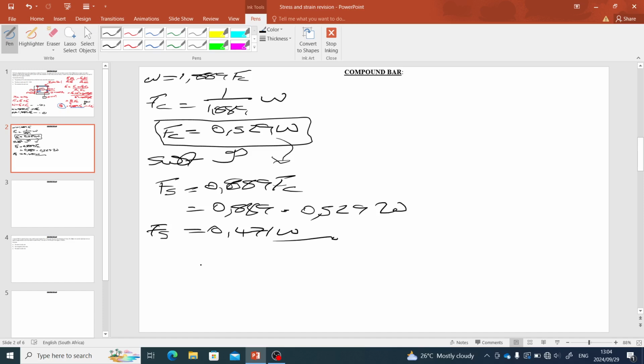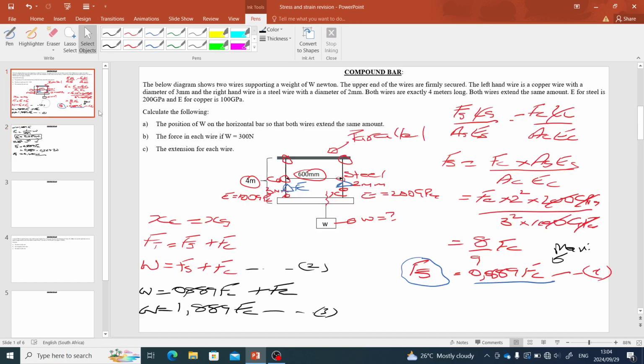We can then take moments. You can decide where you want to take moments: at FC or at FS. It is up to you. Let's start by taking moments at FS. Let's wipe a bit so that the picture can be clearer.